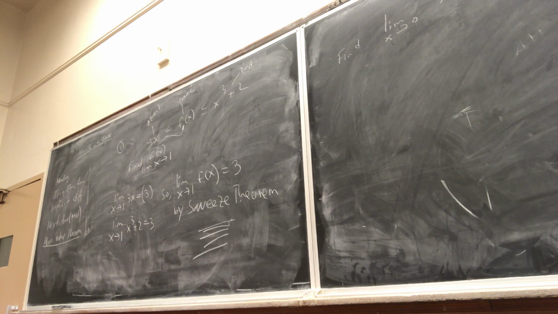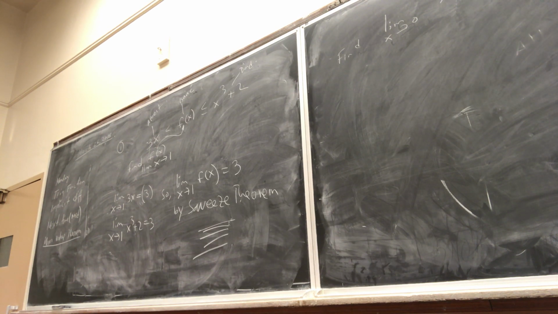Find the limit as x goes to 1, given 4 f of x squared plus 6x minus 3. This is number 3. Number 4: the limit as x goes to 0 of x to the fourth sine of 3 over x.